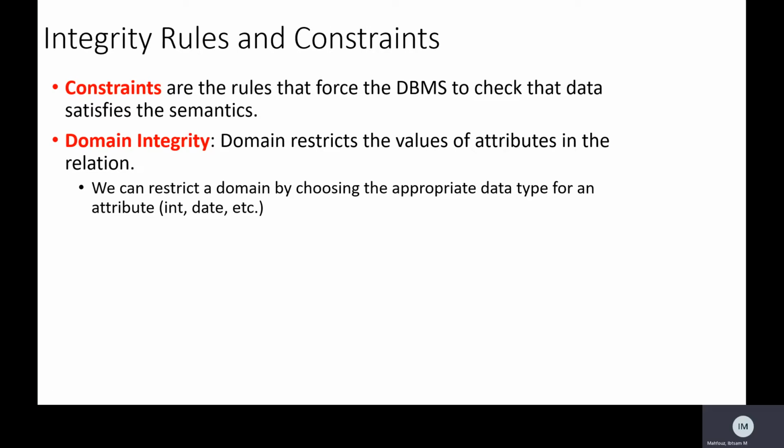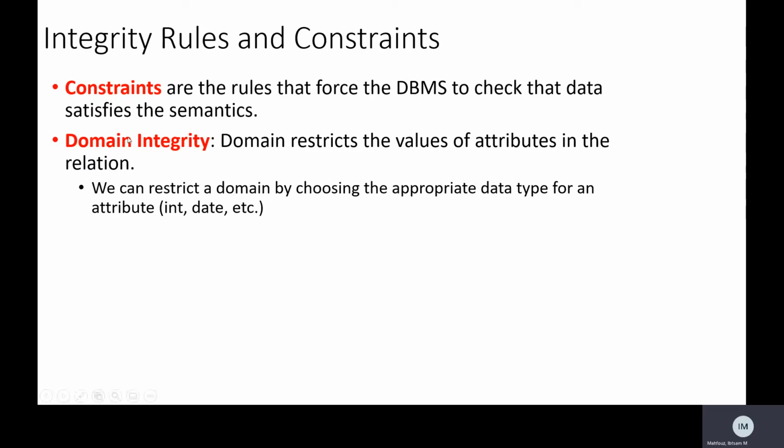Now, there are different types of constraints that can exist, and there are different types of integrity rules. One type of integrity rule is called domain integrity. It refers to the values that you want to allow for an attribute. So if we have a column in our database table, how can we make sure that the data that's put into that column is accurate?